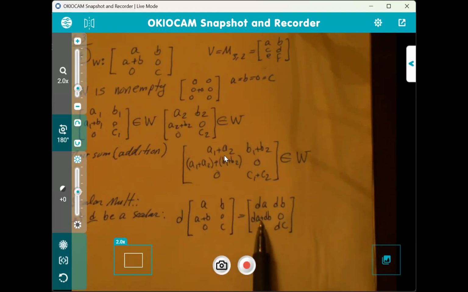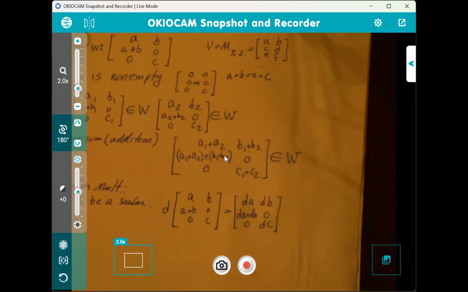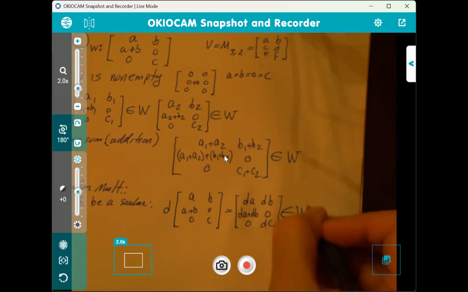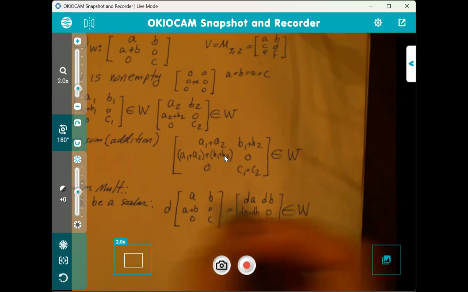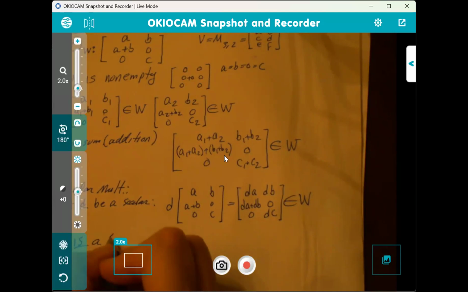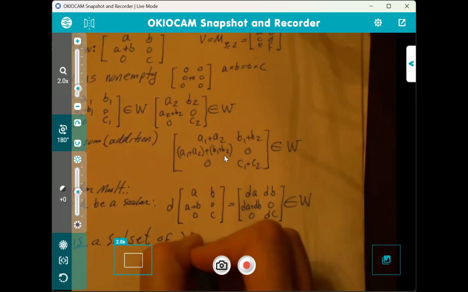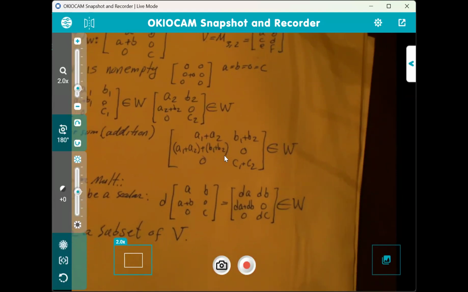Look at the second row, first column: dA plus dB is the sum of those, and that was just through multiplication by D. So everything looks good here. Therefore, W is a subset of V, the set of all 3x2 matrices.